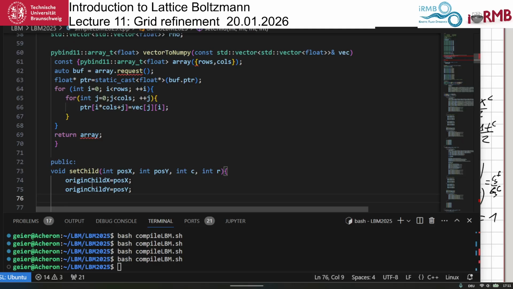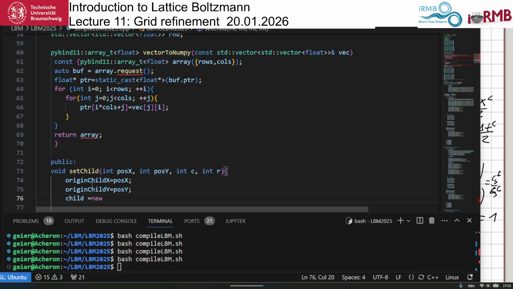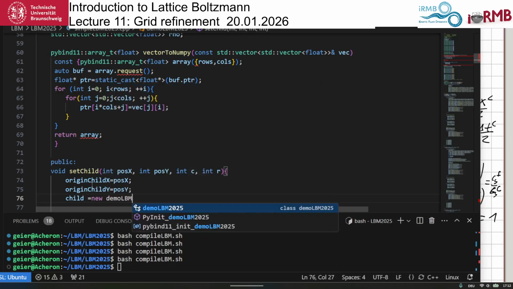Okay, so we have these positions, and now we have to have our child be a new demo LBM 2025.